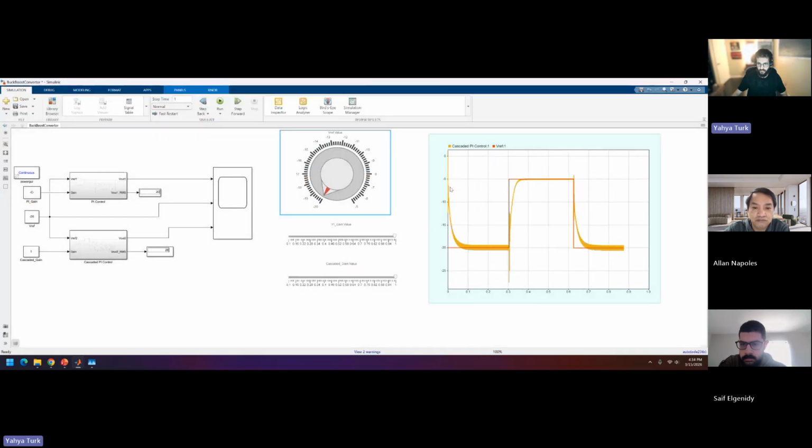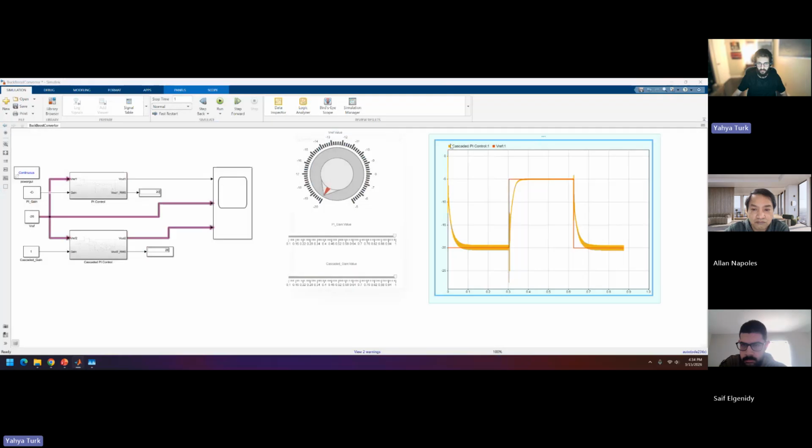Perfect. So we see that this has no overshoot both ways, but it does have this overshoot when transitioning from a lower voltage to a higher voltage. This is a difficult problem to solve, but it can be reduced at higher voltages or by adjusting the gain.